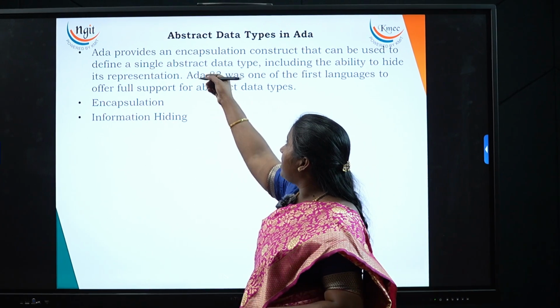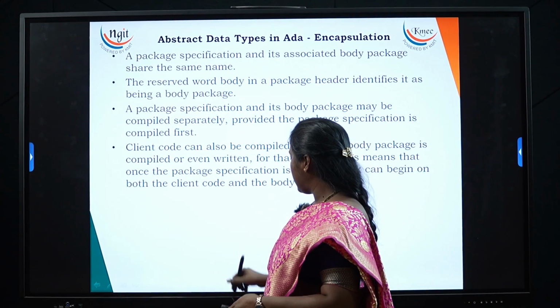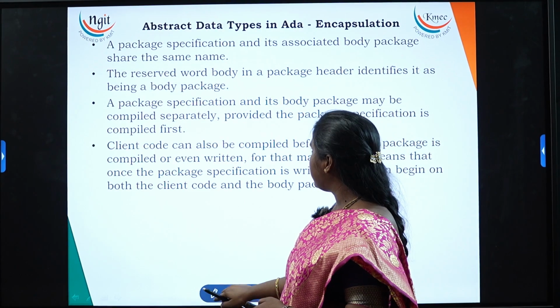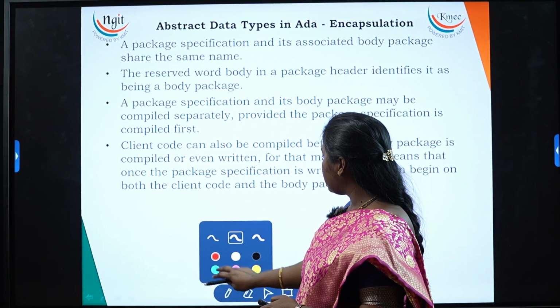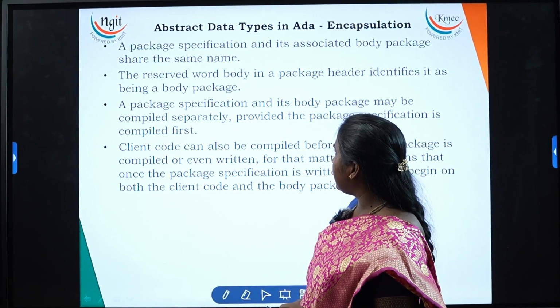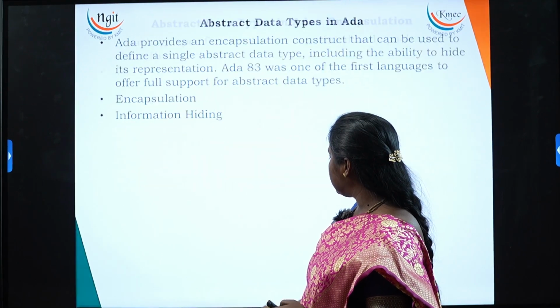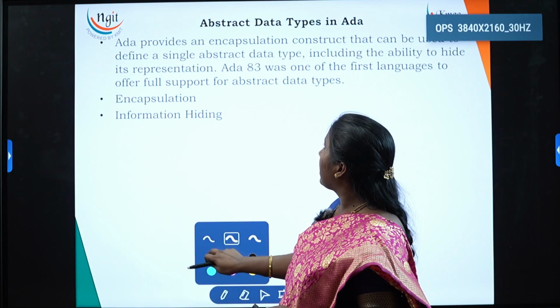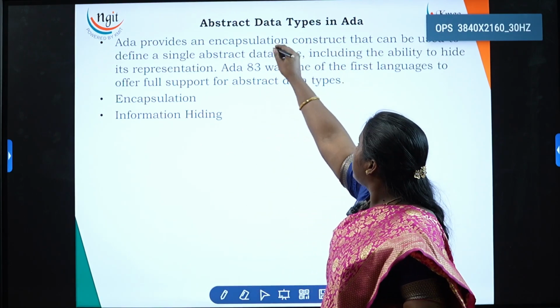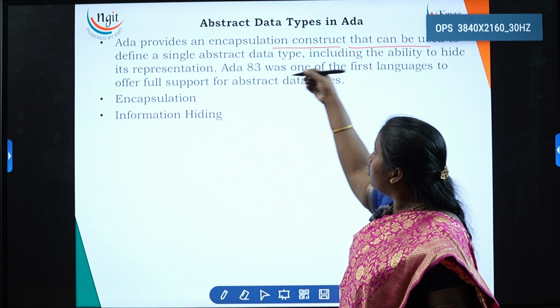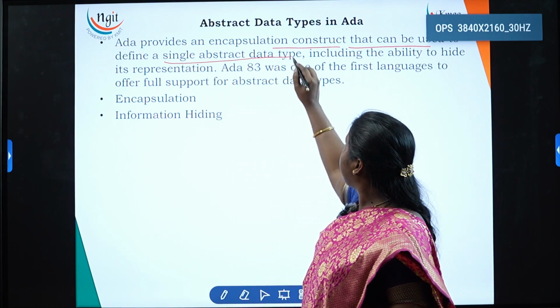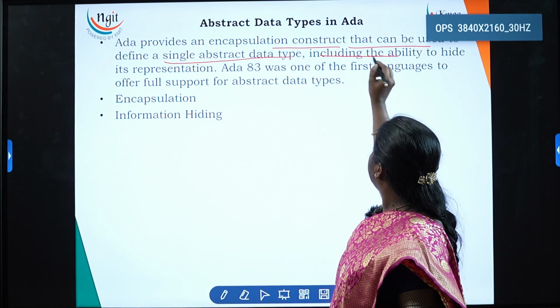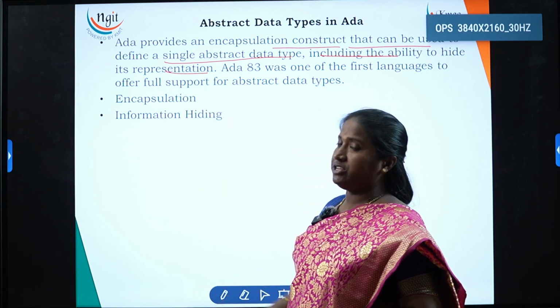So, Ada provides encapsulation. Ada supports encapsulation, and Ada supports information hiding. Both things are supported in the Ada programming language. An encapsulation construct can be used to define a single abstract data type, including the ability to hide its representation.